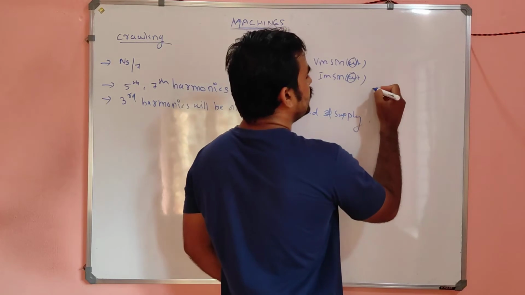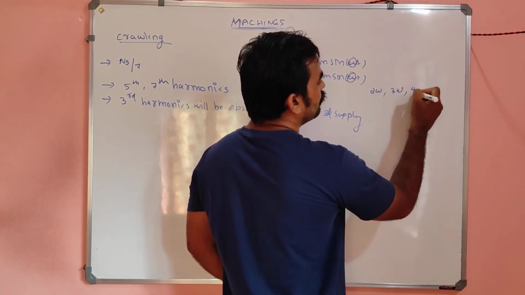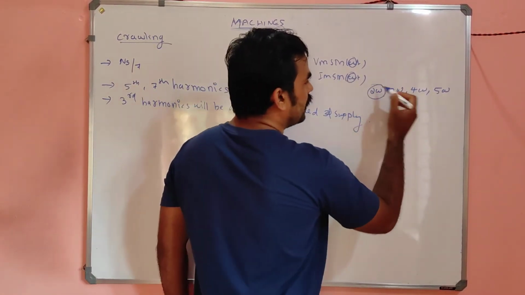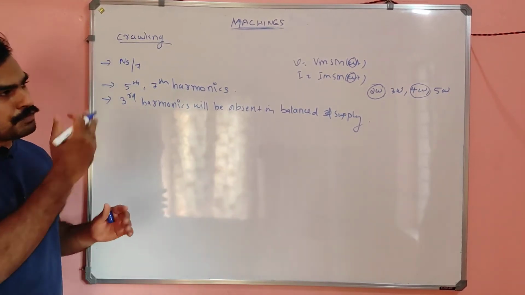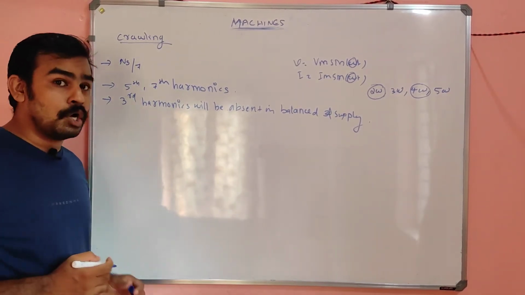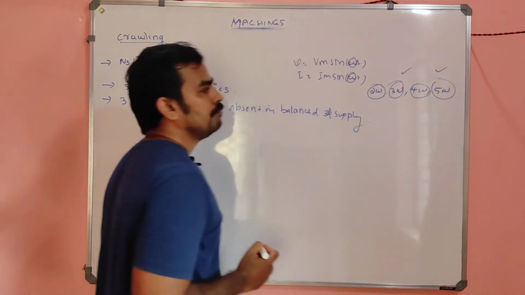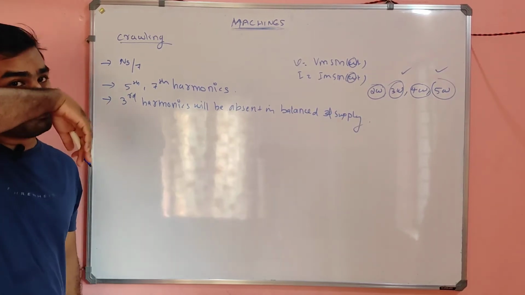In some cases it may be 2 omega, in some cases 3 omega, 4 omega, or 5 omega. But the even harmonics have waveform symmetry and will automatically cancel. The odd harmonics are very dangerous. These will exist: third, 5th, 7th harmonics, all will exist there.